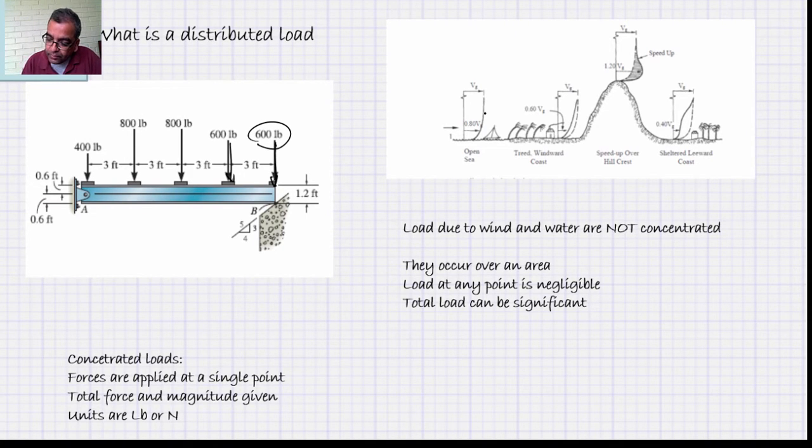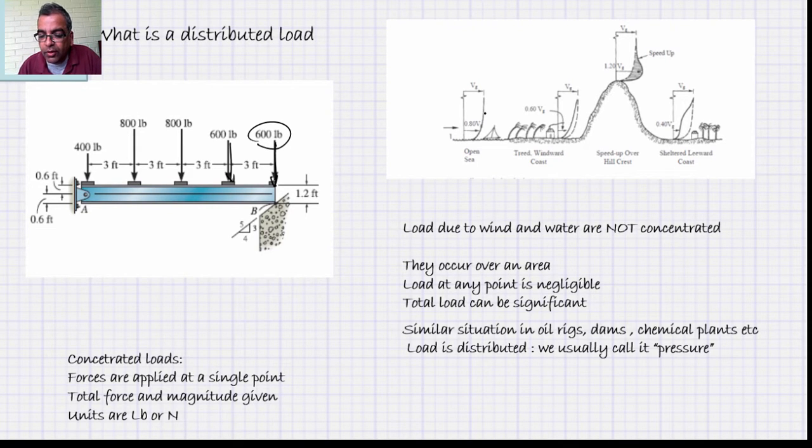Okay, very good. So we now know that distributed load means the load at any point is very, very small, but it is spread over a huge area, and the unit for a distributed load is usually what you call pressure. When you hear about water pressure, we're talking about a distributed load. But pressure is only one kind of distributed load; there could be others.